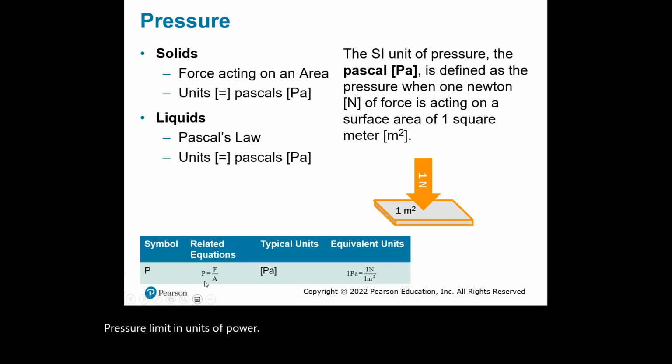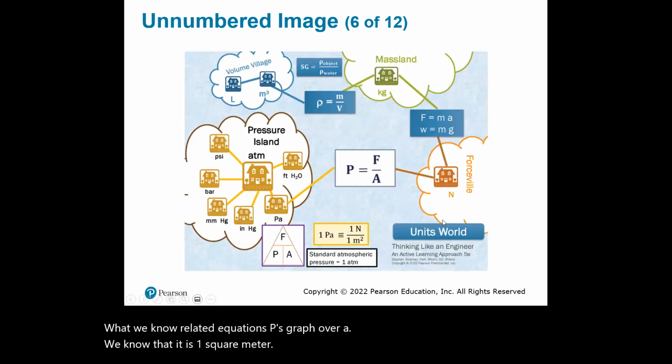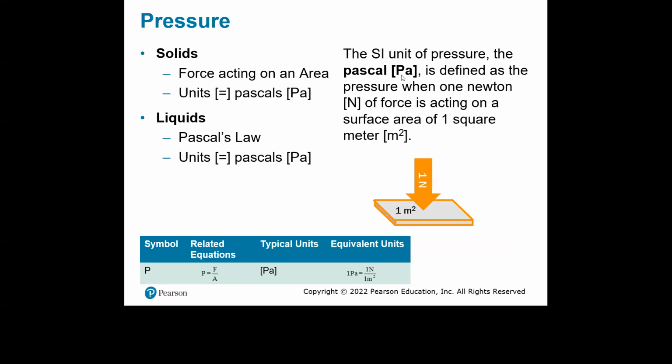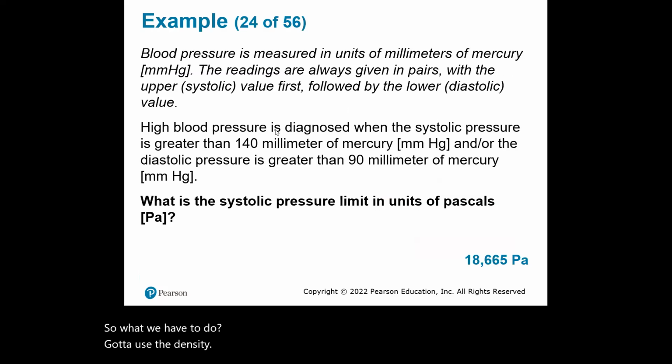What we know, related equations: P is equal to F over A. We know that it's 1 square meter. What we have to do is use the density, since they give us the height of mercury, 140 millimeters of mercury.